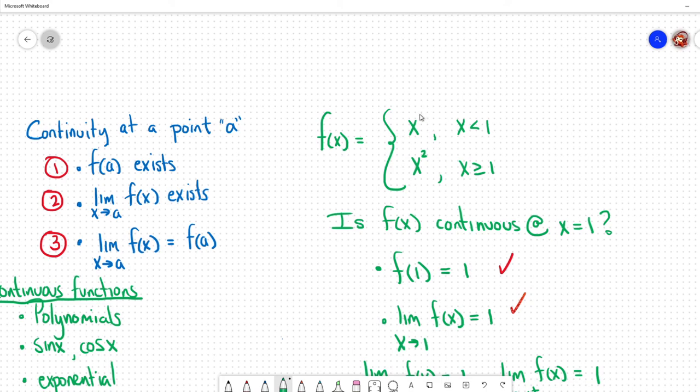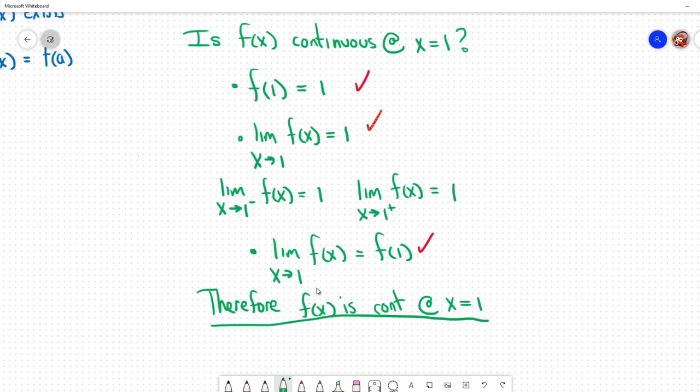So since x is continuous for all values less than 1, I know x squared is continuous for all values greater than or equal to 1 because they're polynomials. And we just finished checking the critical part, the shaky part, where it's disconnected, but we see even though it's jumping to a different function, those 2 pieces actually connect.